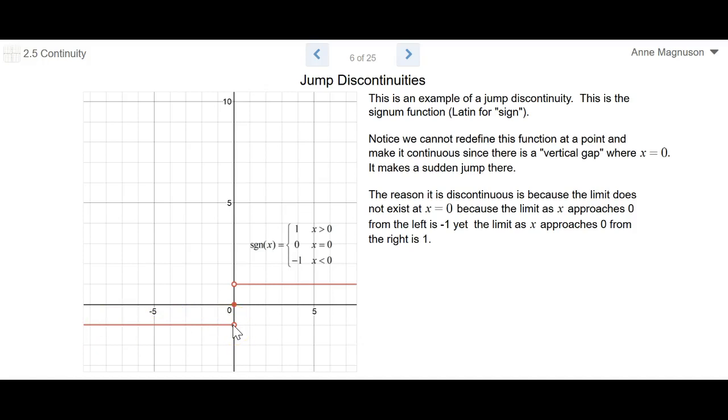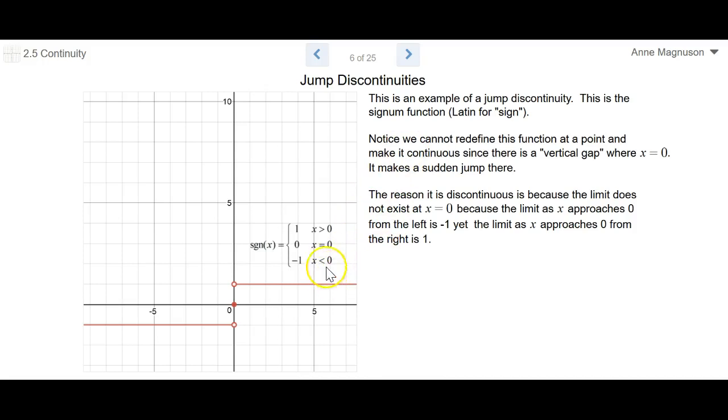And even though it's defined at x equals 0, it's not equal to either one of these pieces, notice. But I can't redefine any one of these points and make it continuous. I still have these two separate branches. So this is called a jump discontinuity, but you can't remove it.